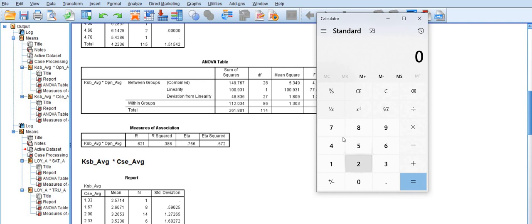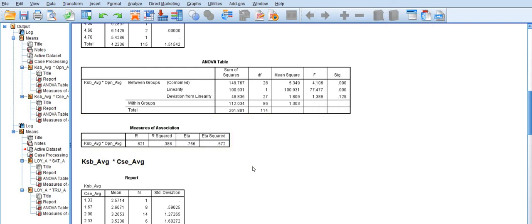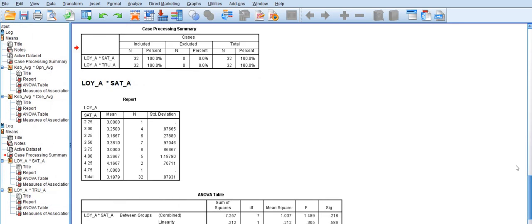Non-linear coefficient 0.756 minus 0.621, and the answer is 0.135. So it means that the difference is not very large. Therefore, we will conclude that this pair of variables, knowledge sharing behavior and openness to experience, fulfills the assumption of linearity.